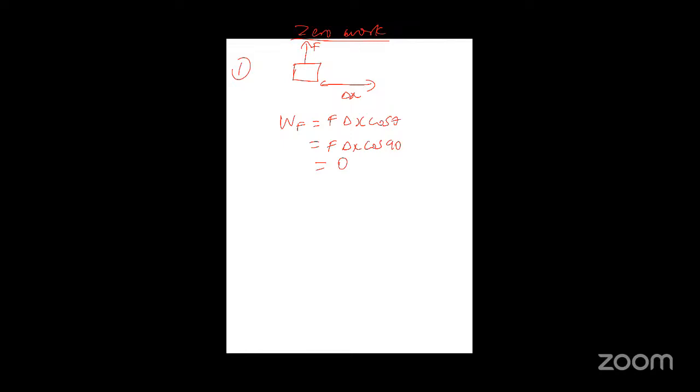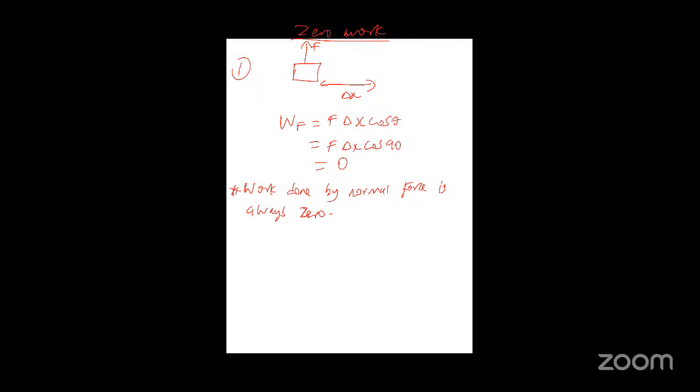Okay. Now let us have this conclusion. Work done by normal force is always 0.